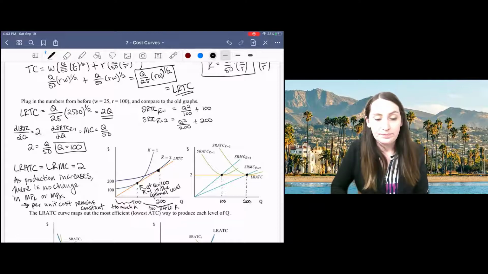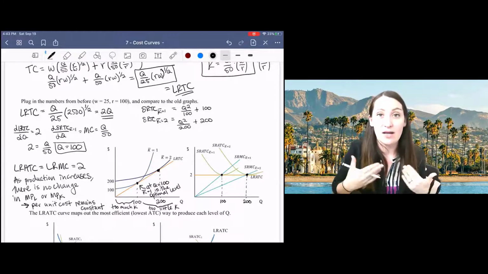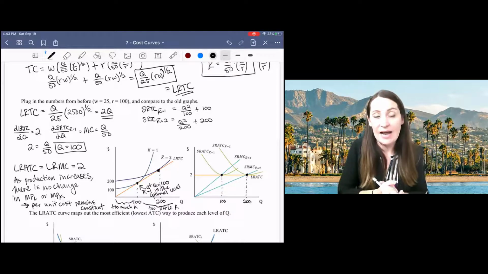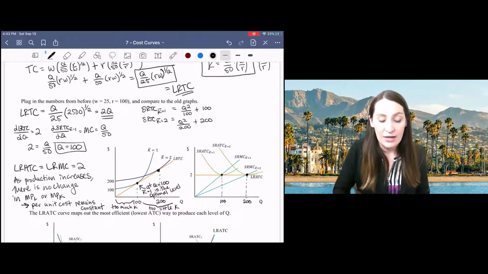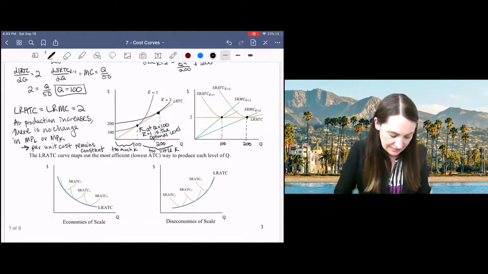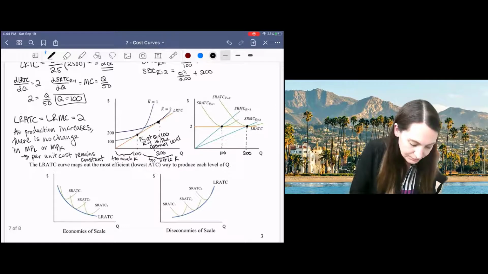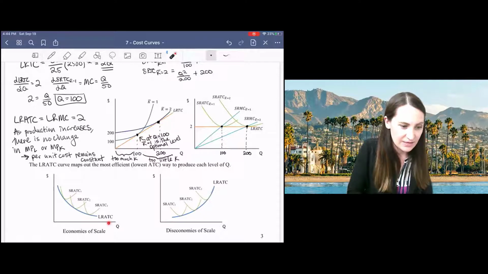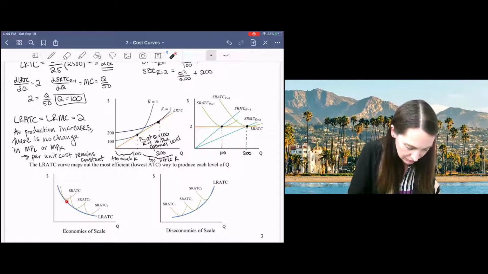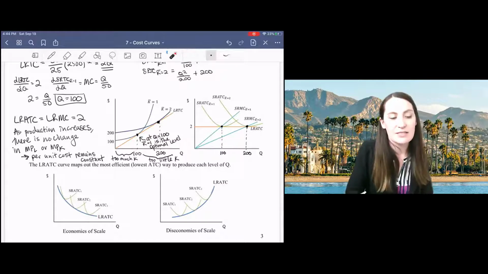Okay. Now, that's not necessarily always the case. You may hear people refer to a situation of an economy of scale, meaning that as we produce more, production becomes cheaper. So that would look like this graph down here, where you can see as we move out on the x-axis, as we expand production, our long run average total cost is declining.